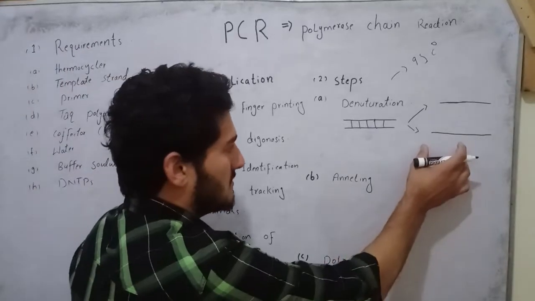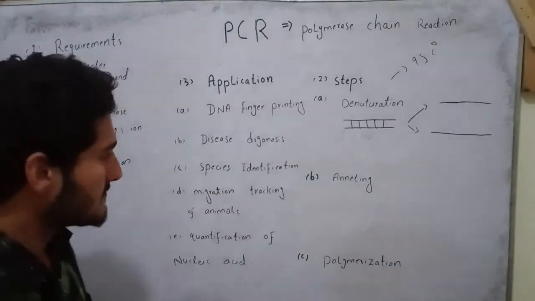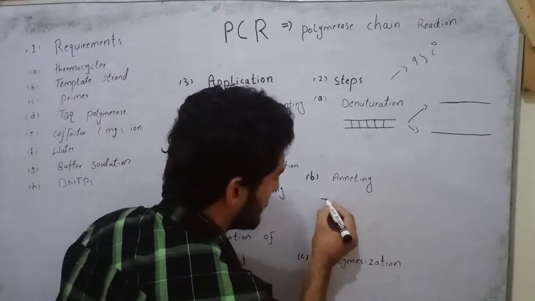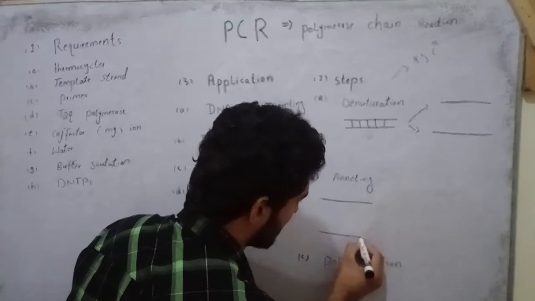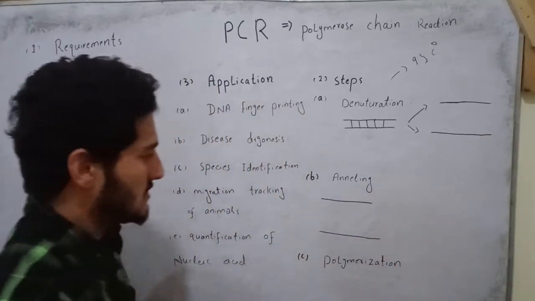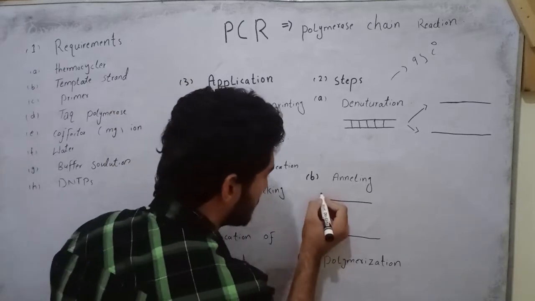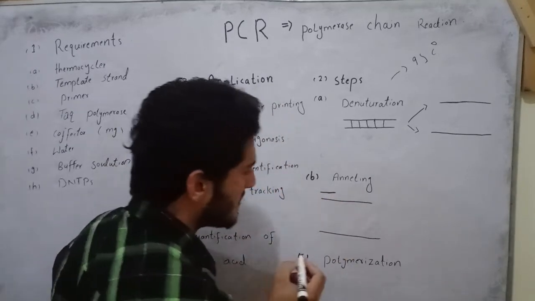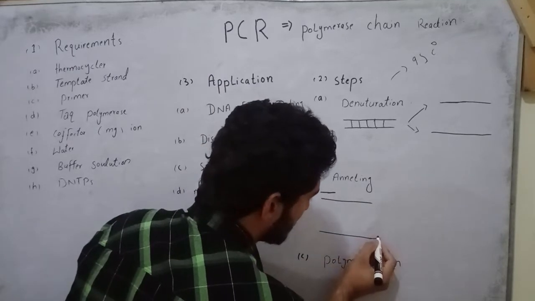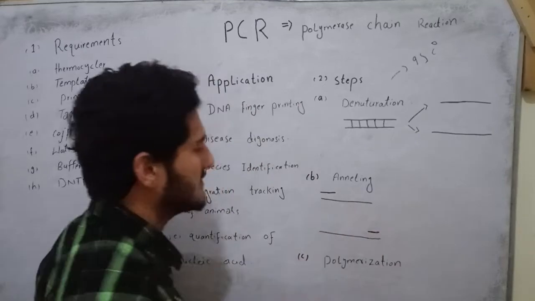So I want to draw the diagram. This is one template strand, and this is the other template strand. One primer attaches to this side and another primer is attached to this side.